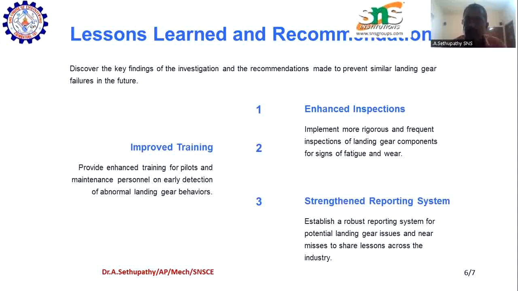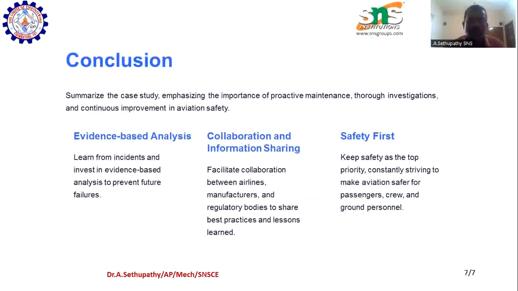Then strengthen the reporting system: establish a robust reporting system for potential landing gear issues and near misses to share lessons across the industry. In conclusion, summarize the case study, emphasizing the importance of proactive maintenance through investigation and continuous improvement in aviation safety.